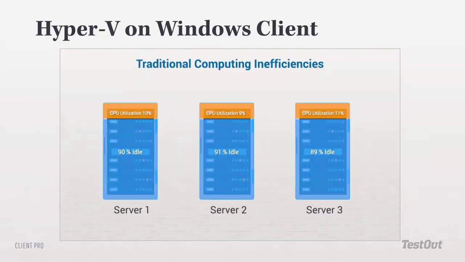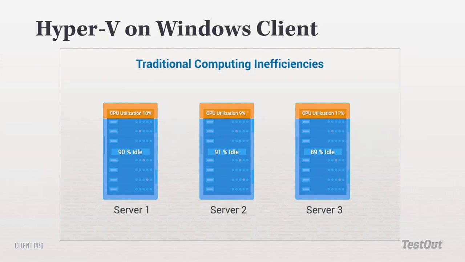That is tradition, but it leads to certain inefficiencies. Notice right here, we've got 3 physical servers, and the CPU utilization is less than 11% on all 3, which means that the rest of the CPU power is idle and really not being used.